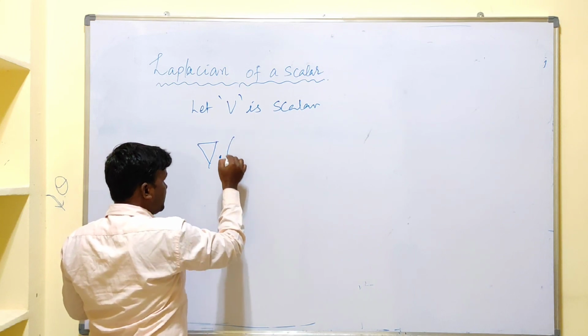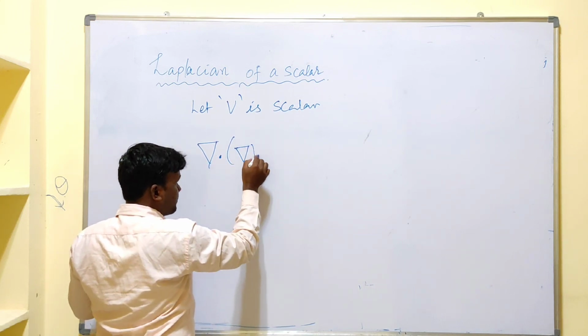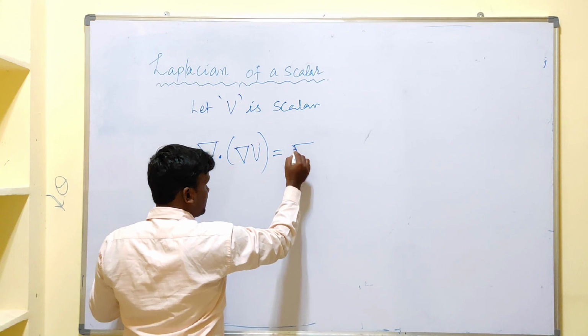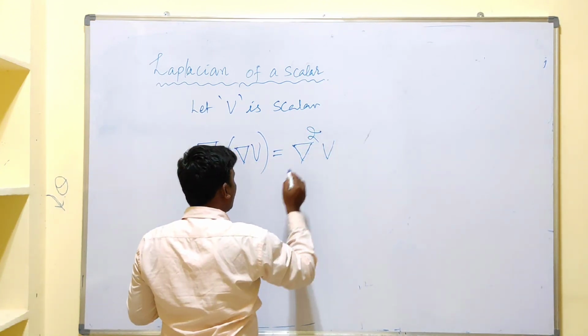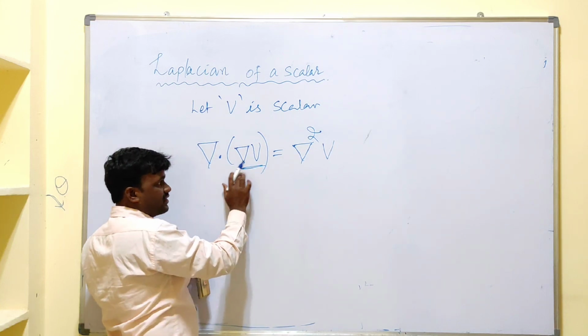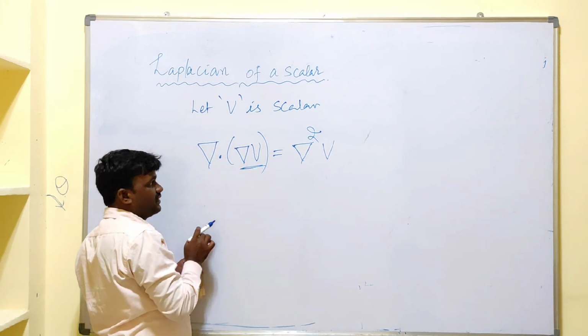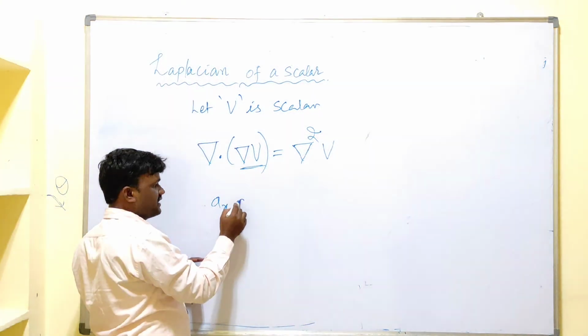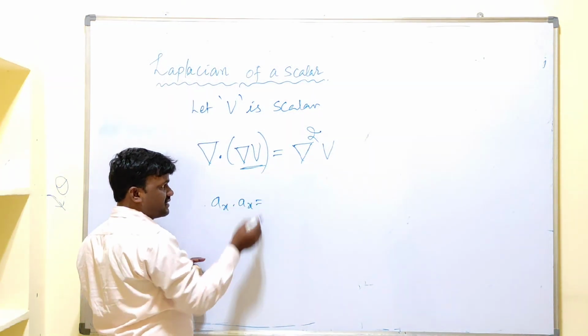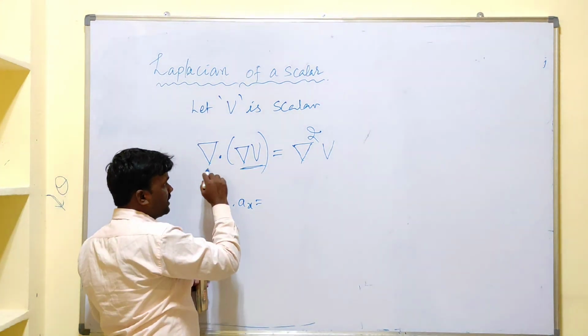It can be defined like this: del dot del V, that is, divergence of gradient of a scalar, equals del square V. The direction of del V is along del only, so ax dot ax gives 1.